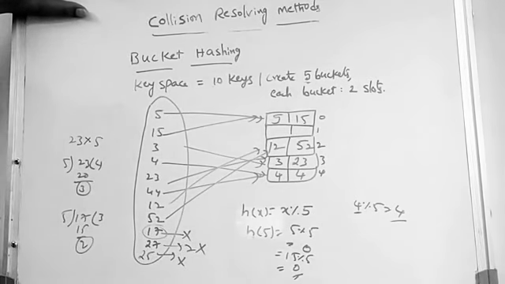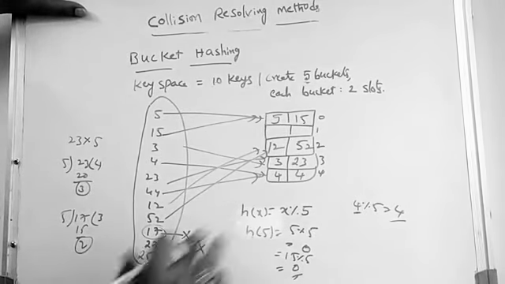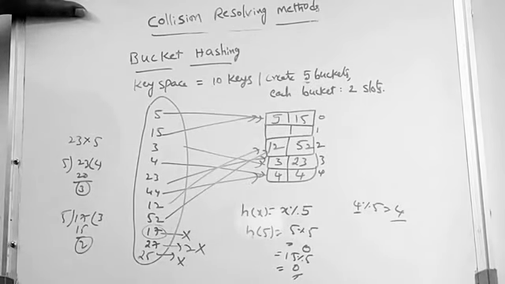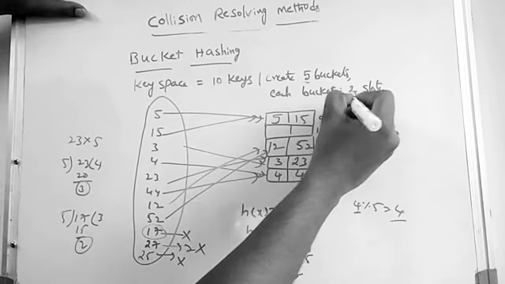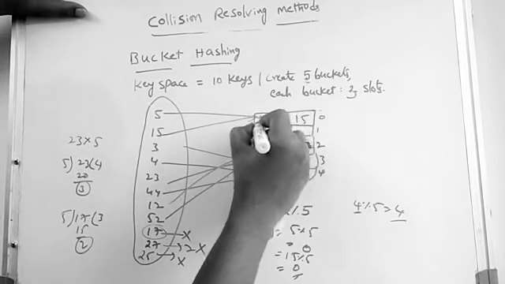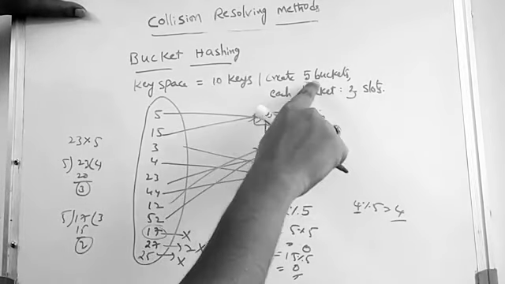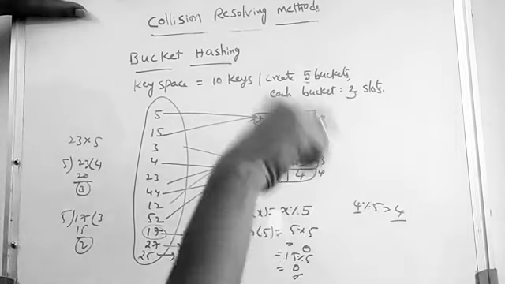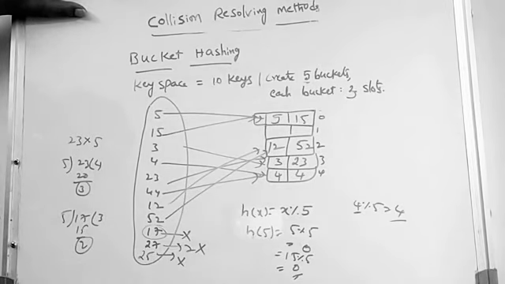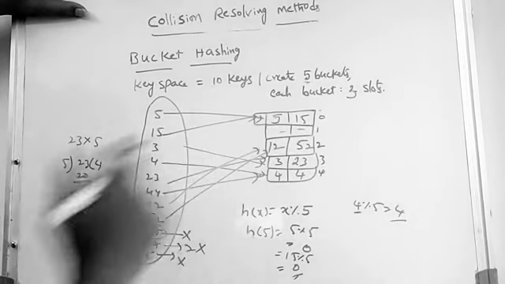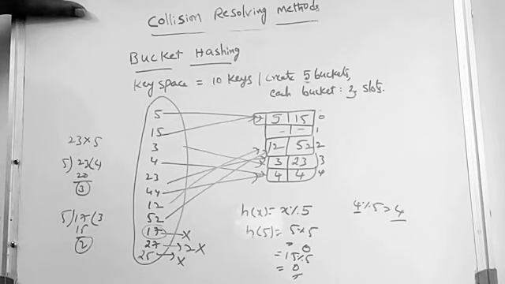So bucket hashing, in a sense, divides the entire memory space into some number of buckets. Suppose you want to divide the bucket into 3 slots, then extend the bucket size. These are called buckets. So we can extend the number of buckets and the number of slots within the bucket. If the bucket is full at a particular index, even though another index is empty, we are not able to insert those values there.